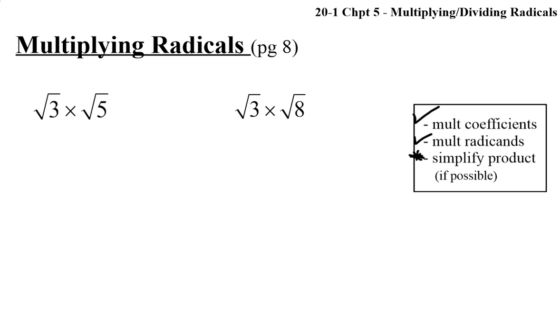Now, the reason this multiplying radicands process works, if we think back to where we talked about simplifying, if we had root 24 and we wanted to simplify it, in order to make the radicand smaller, we can think of this as root 4 times root 6. We split the radicand into two separate radicands.